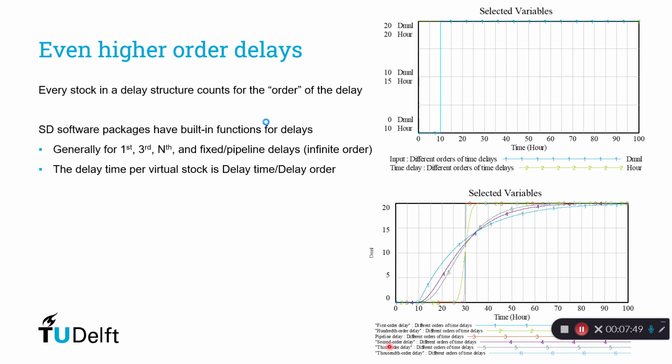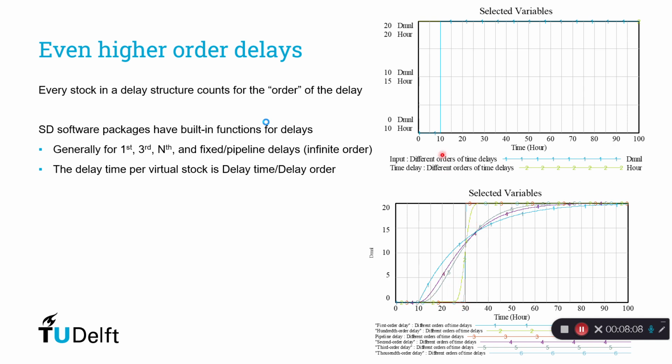Now, the higher we increase the order, for example to 100th order, you see that, and I need quite a small time step to do that by the way, it's almost similar to the delay fixed, the pipeline delay, which is exactly the same behavior as the input, but a bit later.